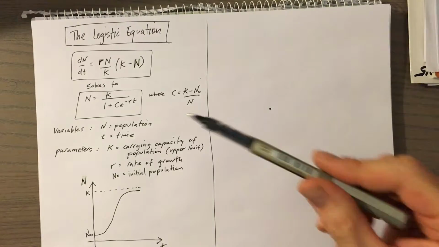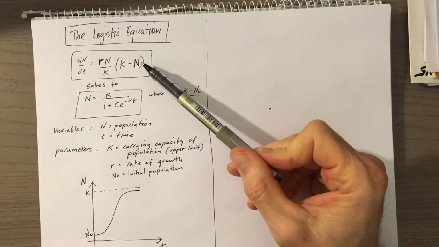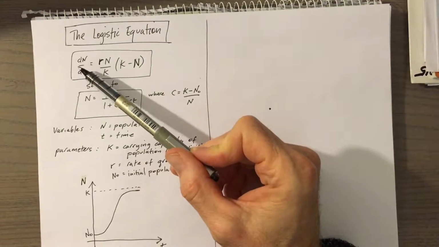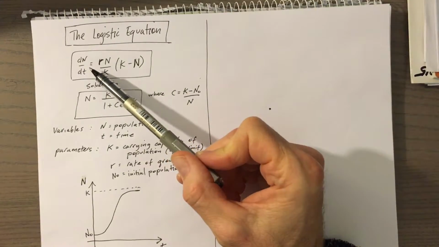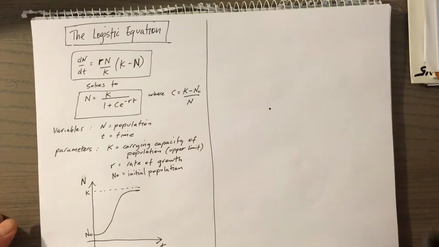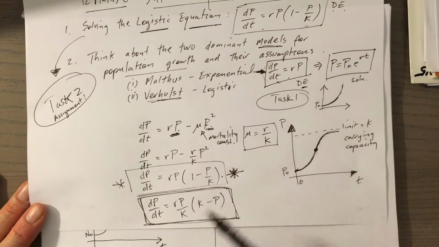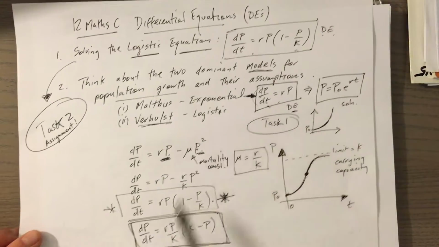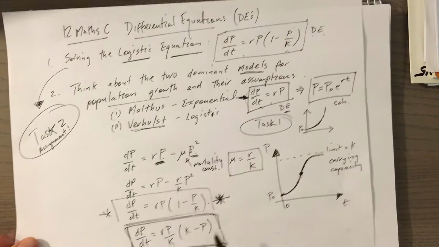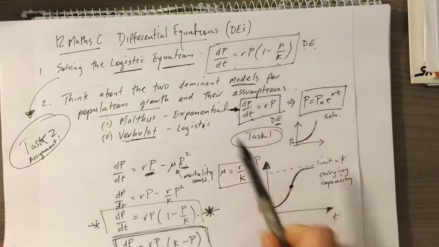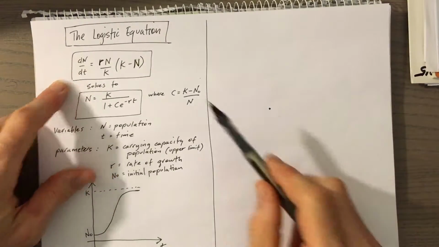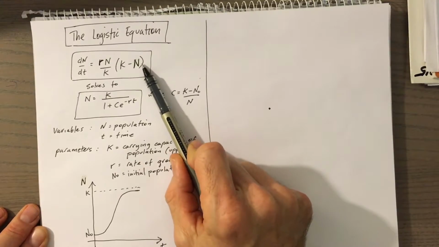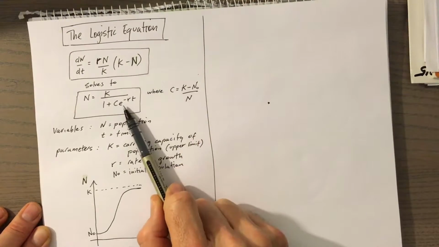Now, this one I've done with a different variable. Instead of using p, I'm using n, so n can refer to the number in a population. As we saw back here, this equation that we came up with, the logistic equation, is a differential equation. It's the same one as we've got here, just using n in place of p. And we know the solution to this equation looks like this.